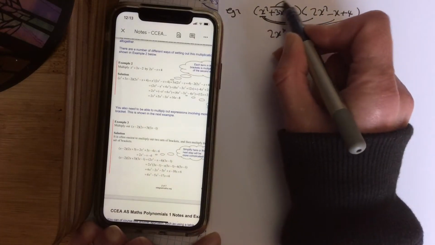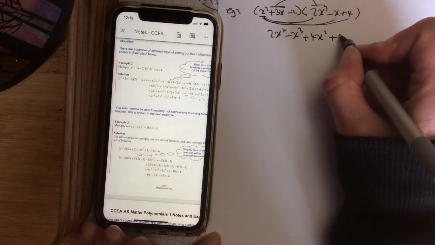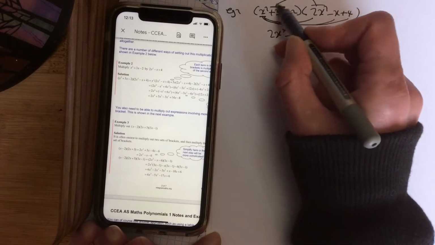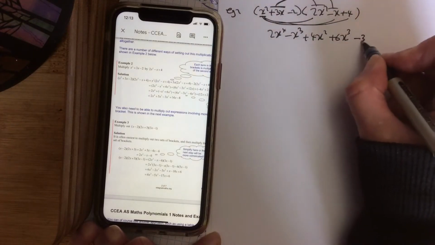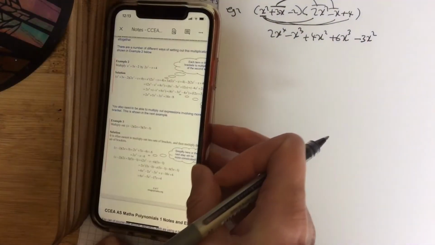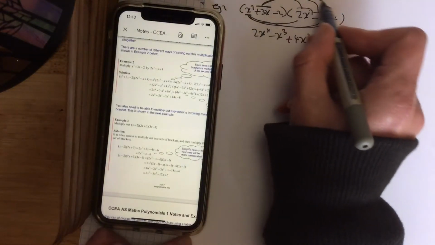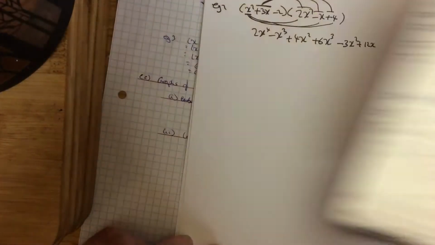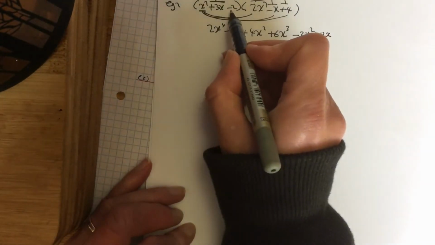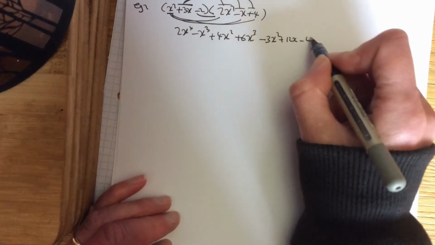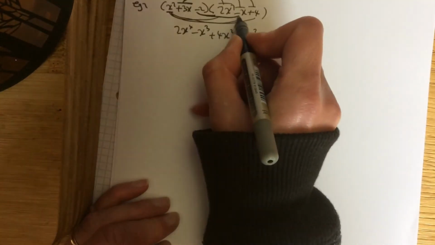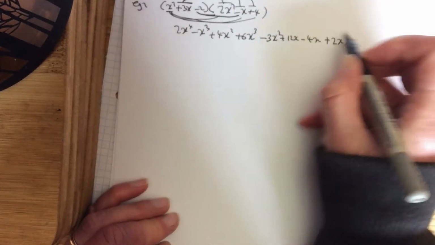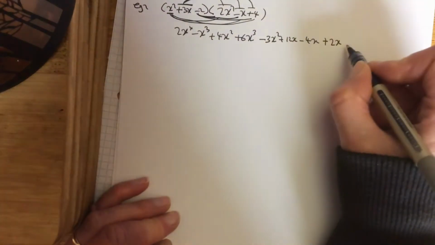Now take your 3x through. So sign, number, letters. And again, sign, number, letters. And again, sign, number, letters. And then I've got to take the minus 2 through. So don't forget to take that through. So minus 4x squared, plus 2x, minus 8.